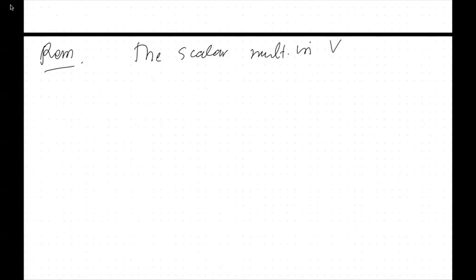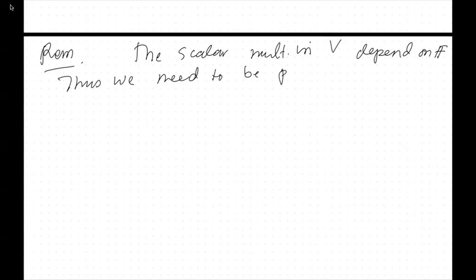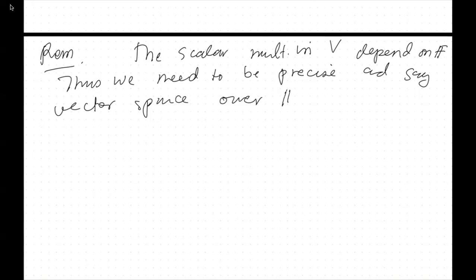So, extra remark. The scalar multiplication in V depends on F. Thus we need to be precise and say vector space over our field F instead of vector space only.